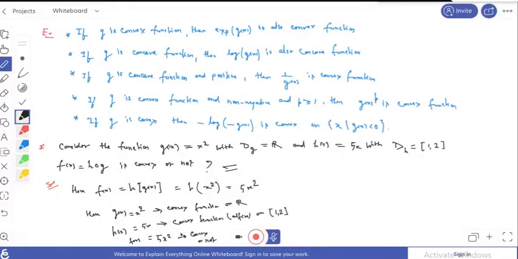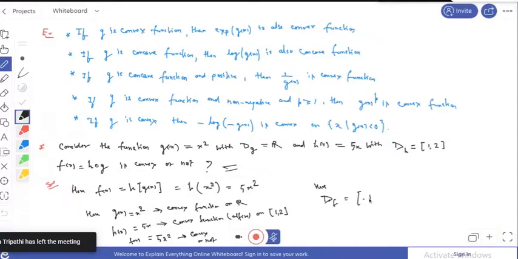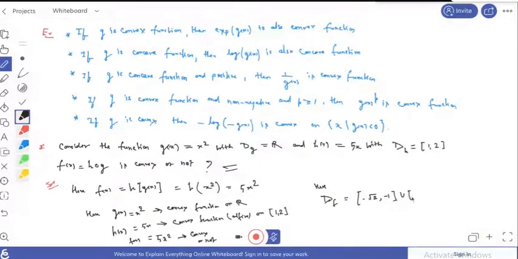What about this? What is the domain of f? Since this is a square function, the domain of f consists of all values that go into 1 to 2 when squared: the interval minus root 2 to minus 1 union the interval 1 to root 2.